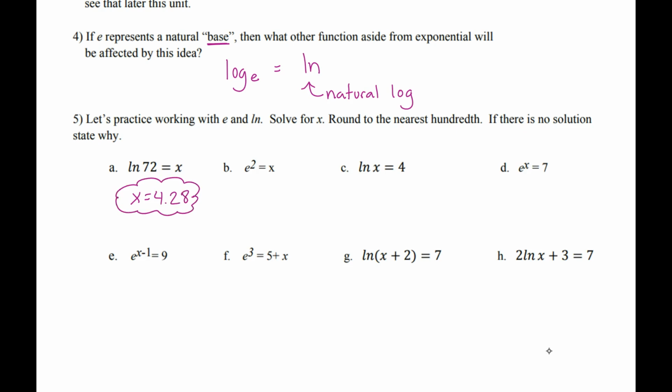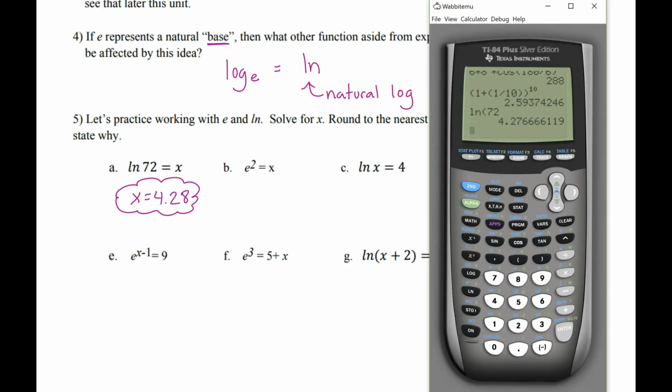How can we solve for x in the next one? How do you think we can solve for x in part B? So do we have x all by itself? Yes. So we literally can just put this on our calculator.